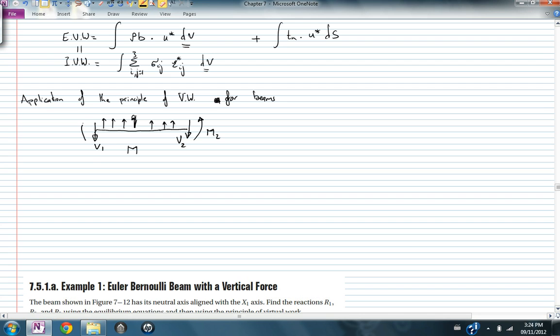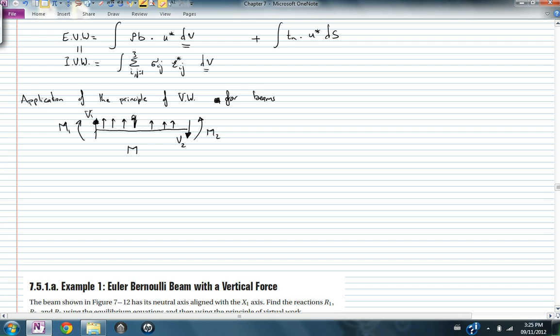The positive convention is V1, M1, and V2 acting downwards on the other end, and M2.